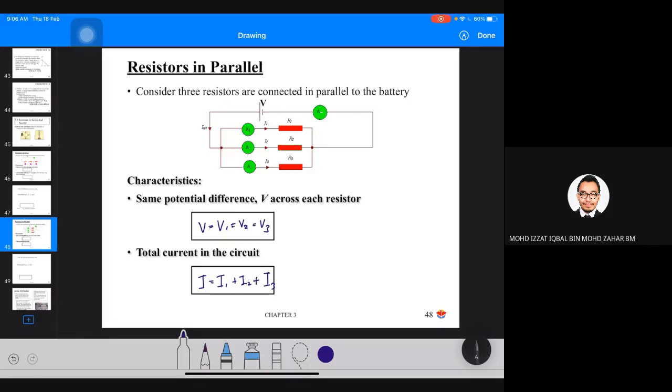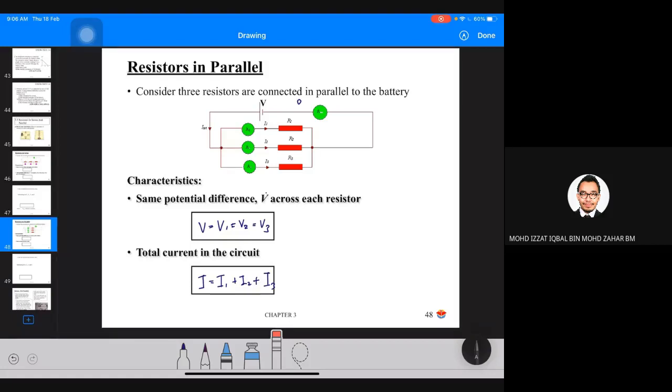Okay. For I1, it will be V1 over R1. For I2, it will be V2 over R2. For I3, it will be V3 over R3.